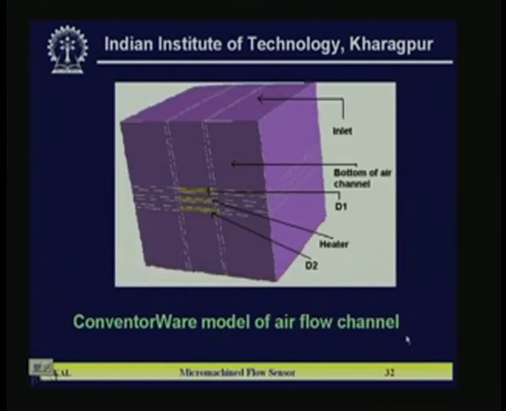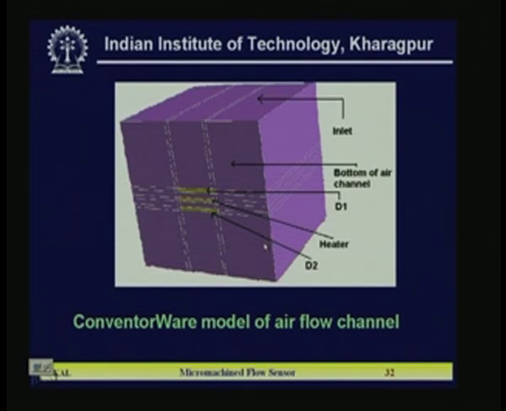Later on you can go for the CFD analysis, the flow channel. There also you have to design the whole sensor as a 3D structure, and you have to define the inlet through which the gas is flowing, the heater location and the flow channel through which it is flowing.